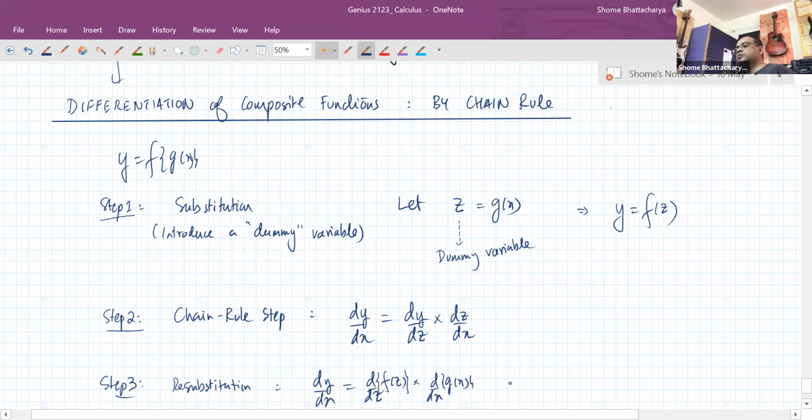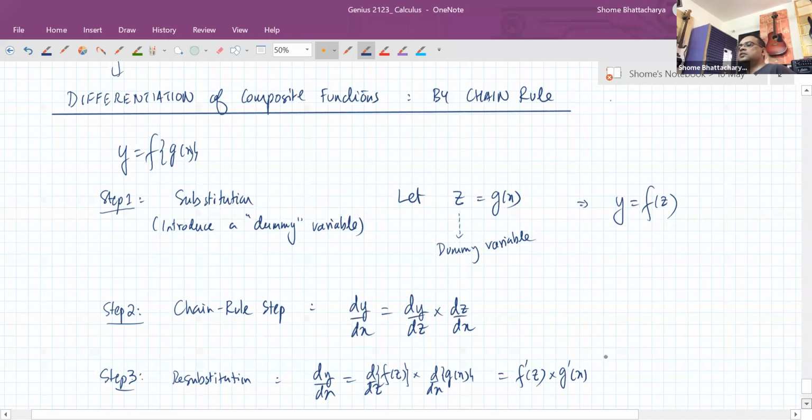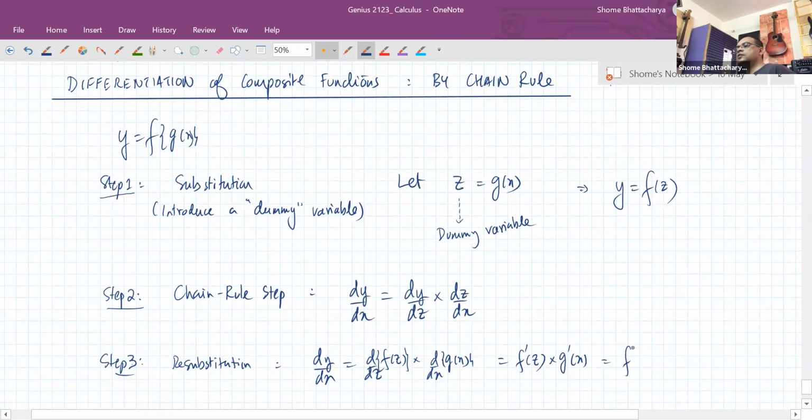So next, this becomes derivative of this function multiplied with derivative of this function. Finally, that becomes f prime of g of x into g prime of x. So that becomes our final answer. This entire process has to be done very systematically for any function which is a composite function.